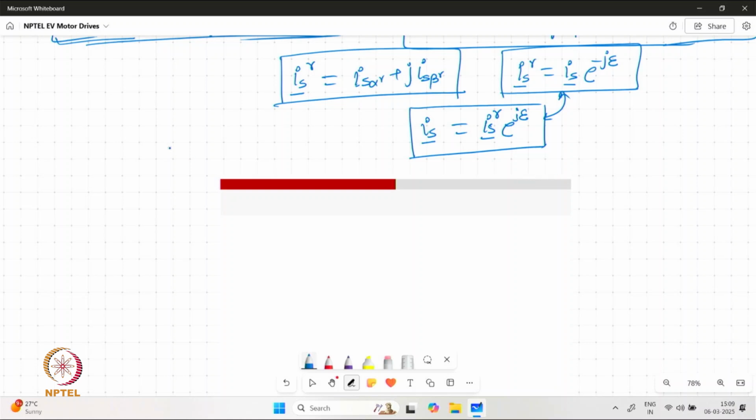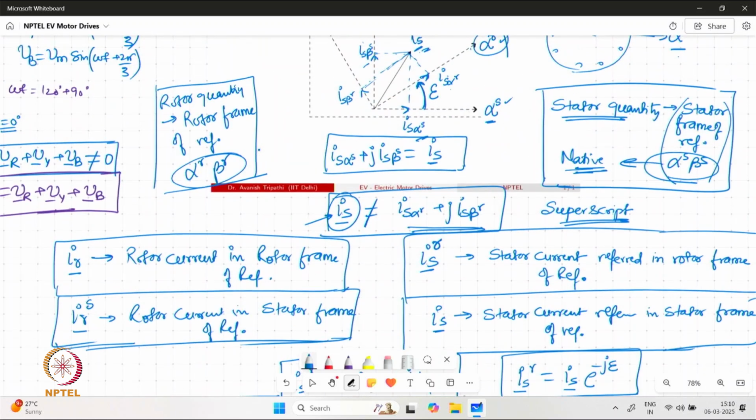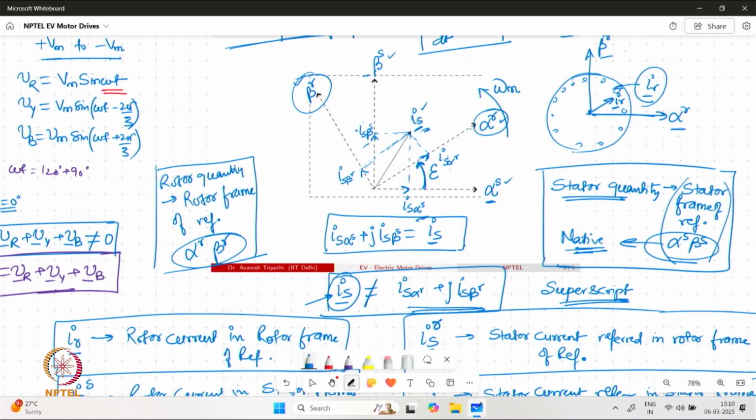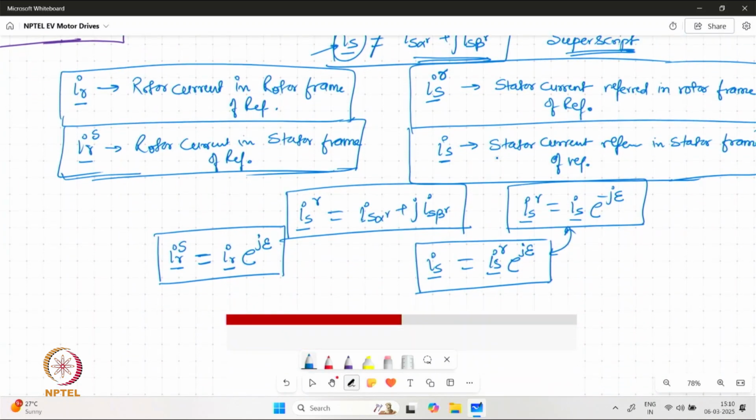Similarly, for the rotor current vector, we can represent the rotor current vector in the stator frame of reference by having the product of the rotor current vector in the rotor frame of reference and the unit vector which corresponds to the angle made by the original frame of reference to the new frame of reference, which is actually now minus epsilon. So which is why I have placed a plus epsilon over here.